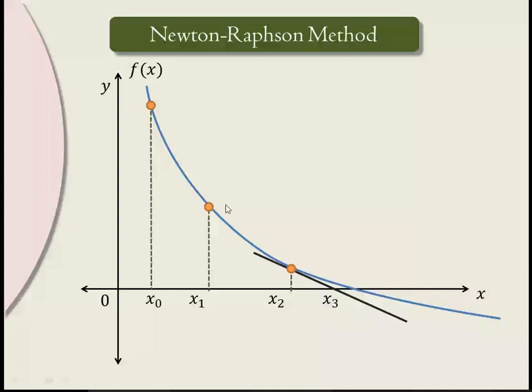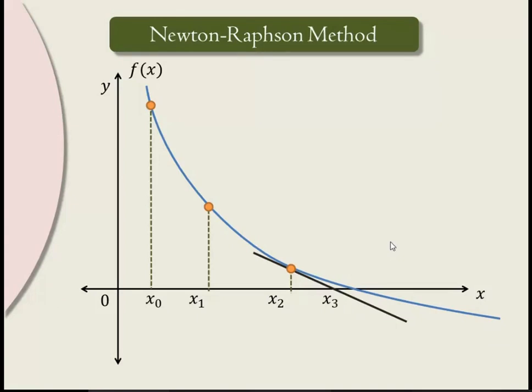And here we are approaching it from outside, in the sense that we are drawing a tangent. Every time draw tangent, tangent, tangent, and reach the desired root. So this was another way to find the roots of an algebraic or transcendental equation.